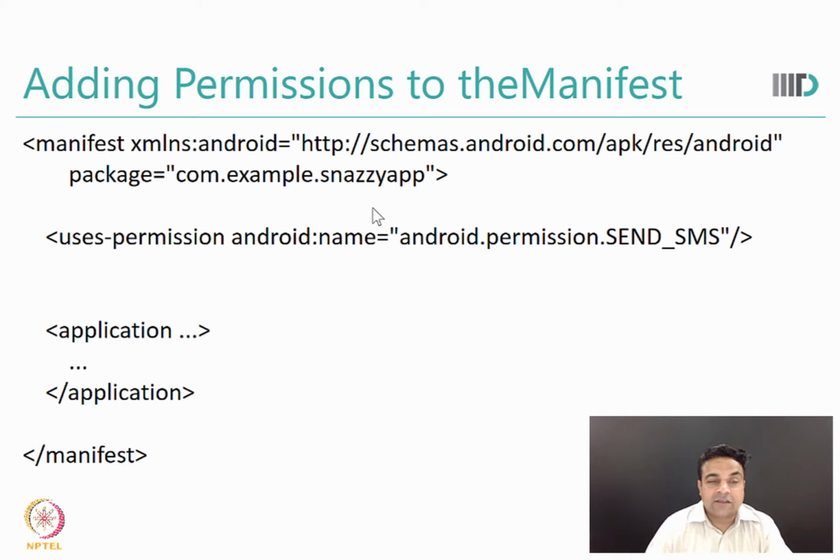In my package of, let's say, this Snazzy app, I would like to add a permission of send SMS. Now when my app is running, the user at some point will be prompted to allow the permission for SEND_SMS at runtime, or, if there is an older Android device, during the install time.